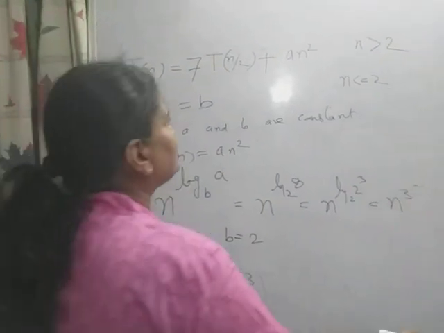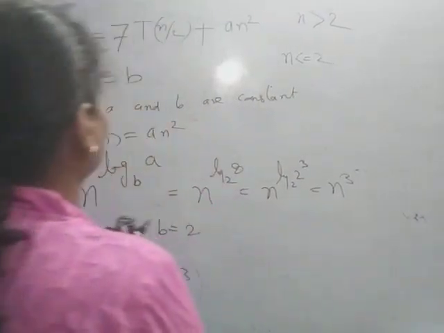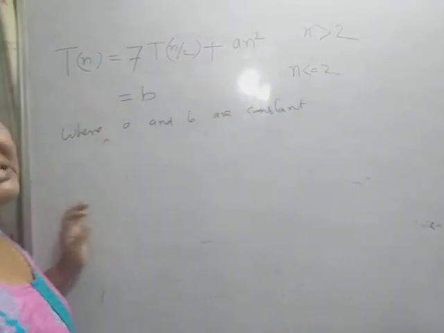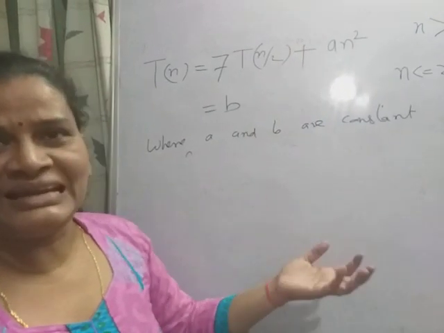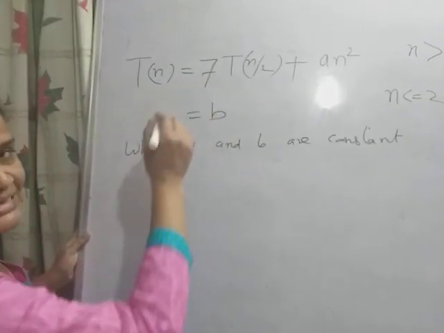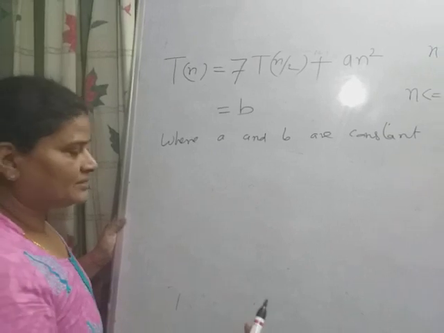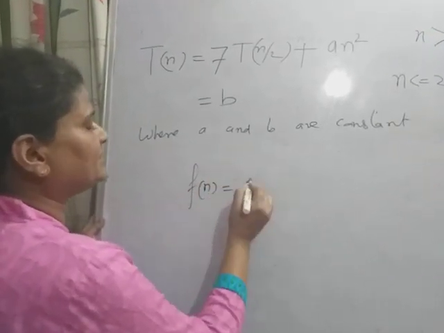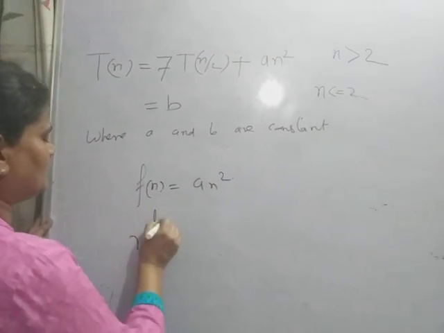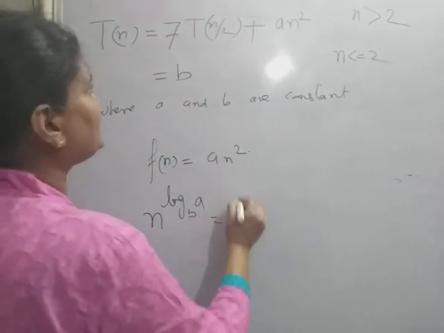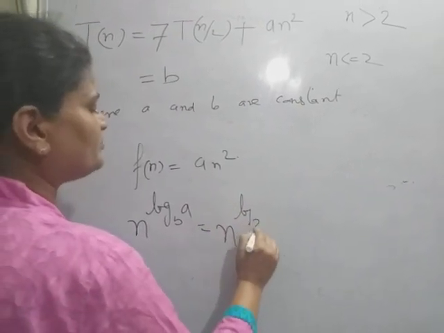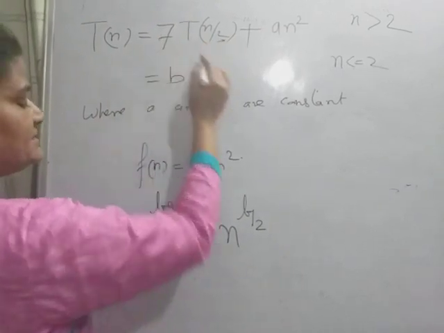Tn equal to 7 Tn by 2 plus a n square, because it involves the 7 multiplications and the 18 additions and subtractions, where a and b are constants. So again, if we solve this recurrence relation using the master theorem, then Fn is again n square, and simply n to the power log b a. Here the a is 7 and b is 2.